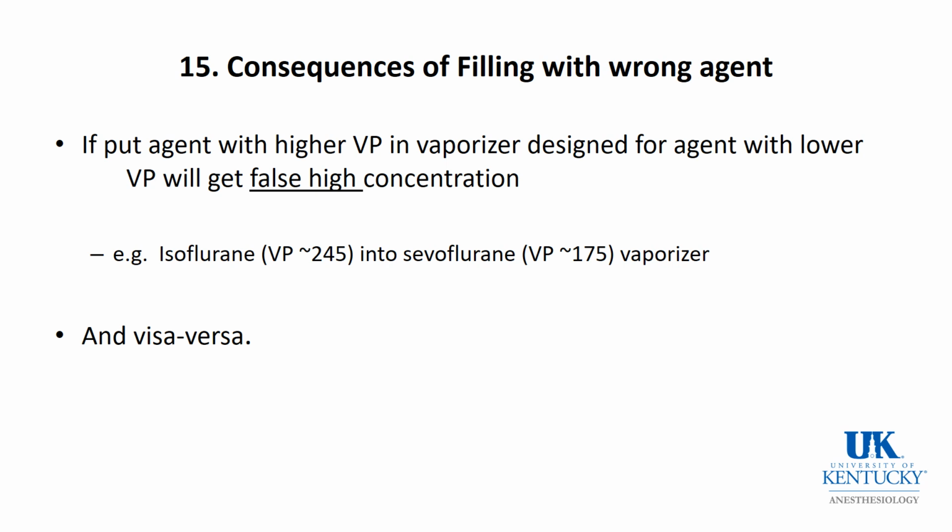Instead, it's only delivering a vapor pressure of 175, so it'll give you a false low value. Conversely, if you put isoflurane into a sevoflurane vaporizer, it thinks it's having a low vapor pressure, but it has a high vapor pressure, so it'll deliver too much of the agent, and vice versa. So there you go.